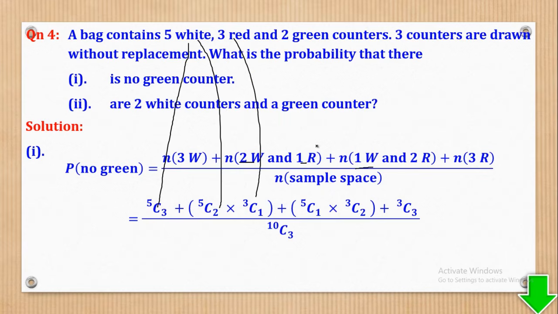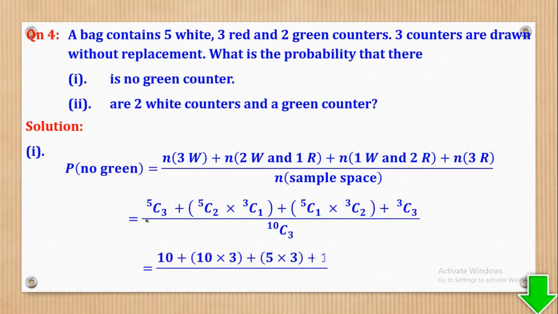Then here 1 white means out of the 5 you need 1, 2 red means out of the 3 you need 2, and 3 red means out of the 3 you need 3. So that's how the combinations are generated. Now 10 means when you add this 5 plus 3 plus 2 gives you 10. That is why out of the 10 you need 3.